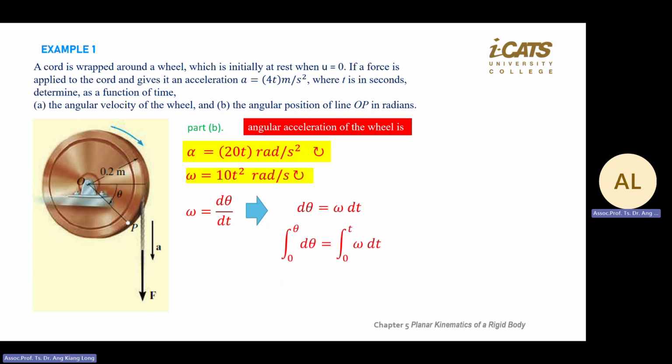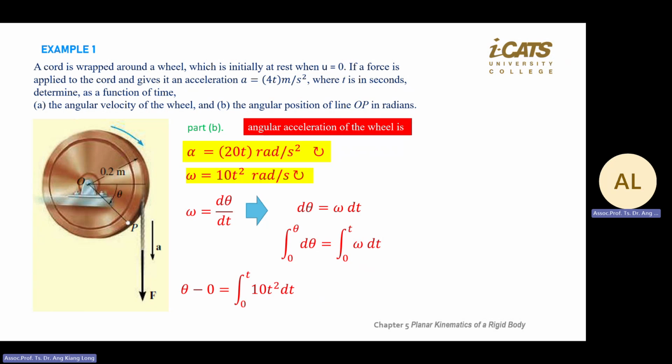Okay, do integration. You start from 0 because it tells you at rest, and it starts at theta equal to 0. That was a typo error, it should be theta equal to 0. So it goes from 0 to theta. And omega dt, you are integrating time, so dt, from 0 to t. So you do integration. On the left is theta minus 0.